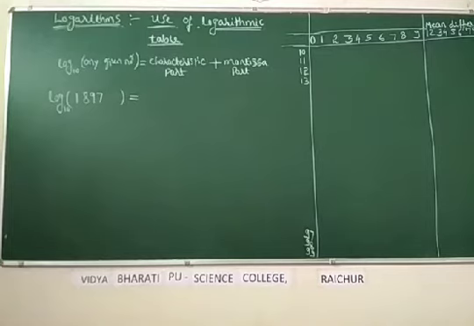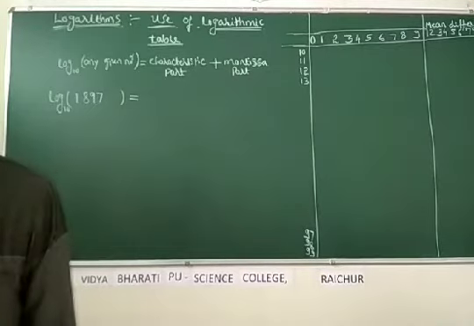If you see the given number of which the logarithmic value should be found, then if you know the place to which that number belongs, whether it belongs to 10th place or 100th place or 1000th place, depending upon that we can find its characteristic.